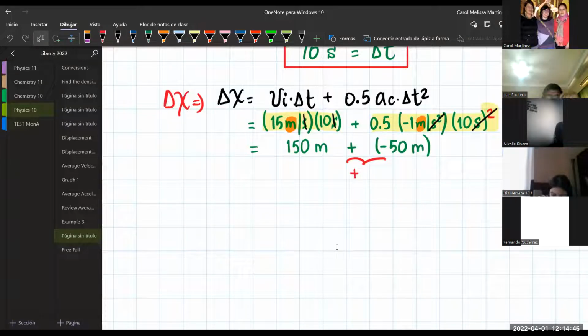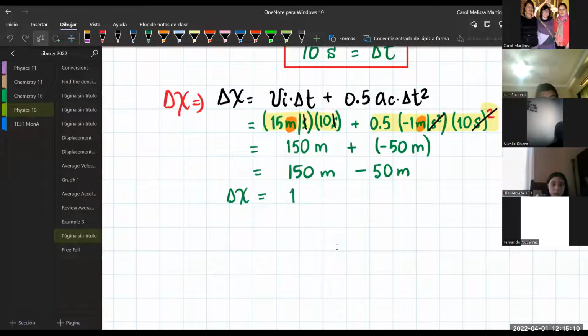What happens when you have plus and minus? What symbol do you write instead? Subtraction. Okay? So here, you're going to have 150 meters minus 50 meters. So the displacement was 100 meters.